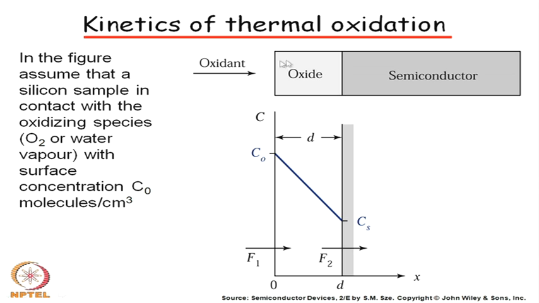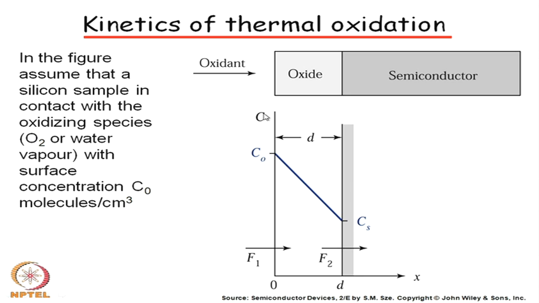We have to consider the flux at two surfaces: F1 at the interface where the oxidizing species enters the system, and F2 between the oxide and the semiconductor, where Cs, the concentration of molecules per centimeter cube, is available. If you plot distance x versus C, the concentration is lower at the semiconductor surface compared to the oxide surface, where the availability of the oxidizing species is very high.